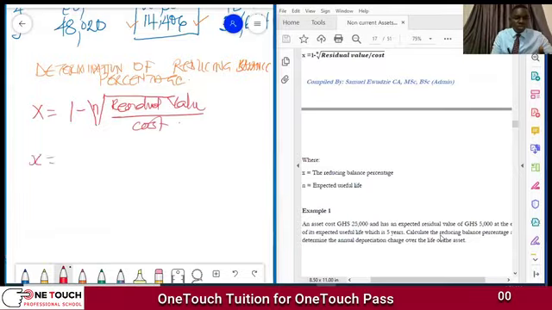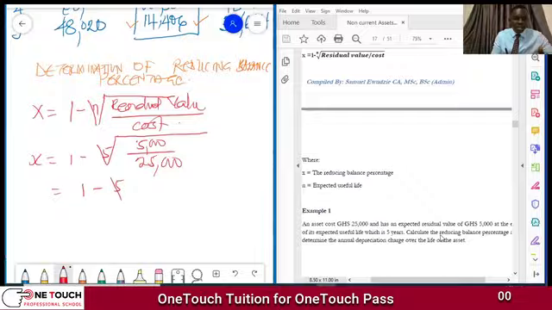So X is equal to 1 minus the fifth root of residual value, which is 5,000 over cost of 25,000. So this equals 1 minus the fifth root of 5,000 divided by 25,000. That is 0.2.